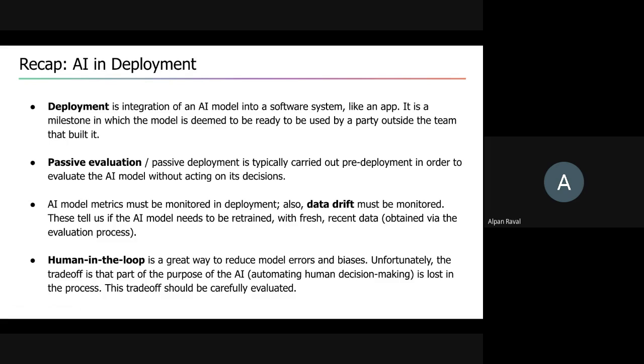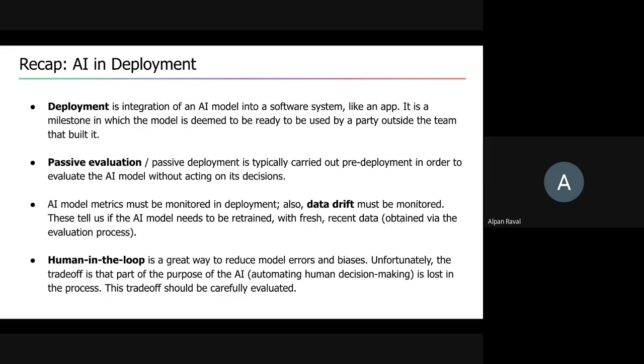Passive evaluation, passive deployment, we've discussed ad nauseam. We've discussed monitoring and evaluation, very important, much more important than in other software products to monitor and evaluate AI products. Data drift also needs to be monitored. And this tells us if the AI model needs to be retrained with fresh recent data, which is obtained via the evaluation process typically.